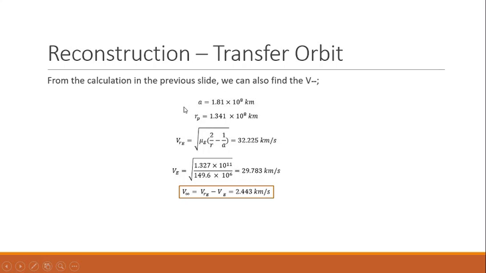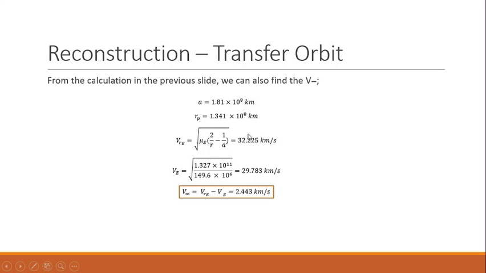We can use the semi-major axis and the pericenter radius to find the delta V, and we assume that the delta V is equal to V infinity to escape the Earth orbit, and we get that by subtracting the velocity of the satellite at Earth by the velocity of the Earth.